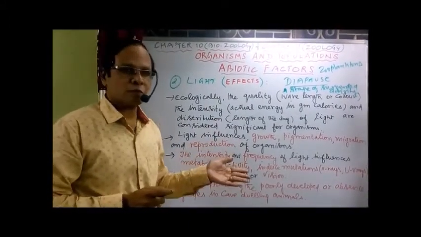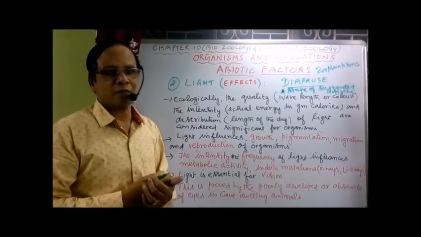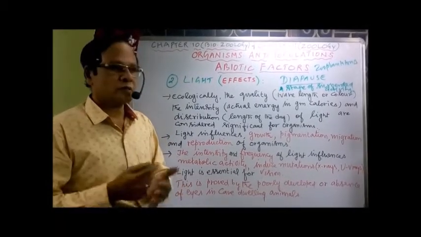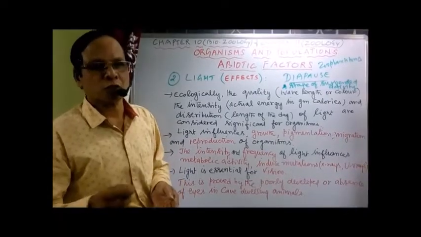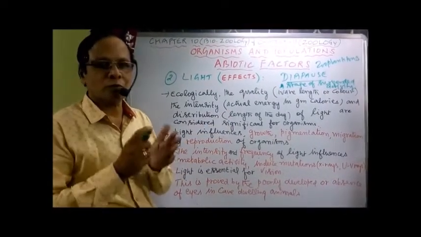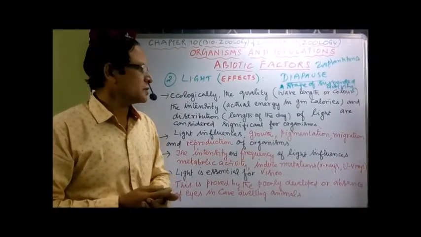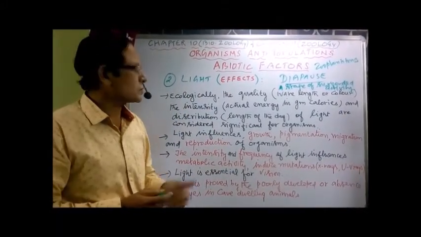We have cyclic movement in certain animals depending on the light intensity, when it is low or high. Accordingly they move either in a cyclic way or in a horizontal way. We have different movements, so movement and locomotion are normally controlled by light. So these are some of the effects of light.